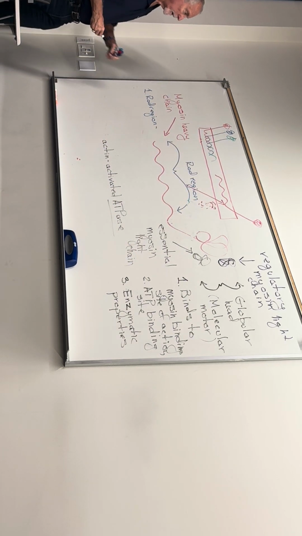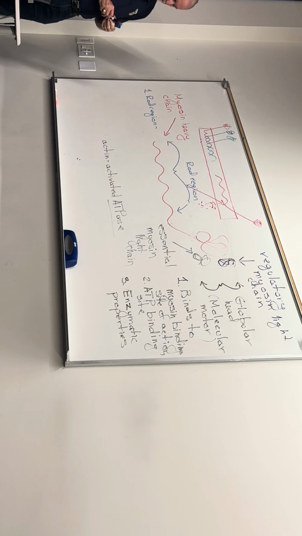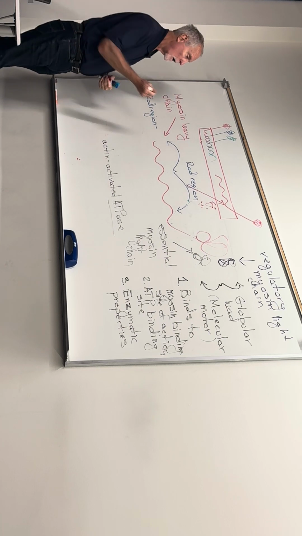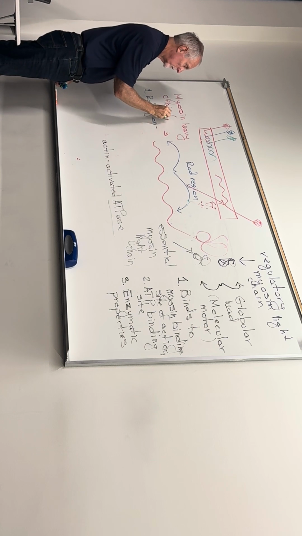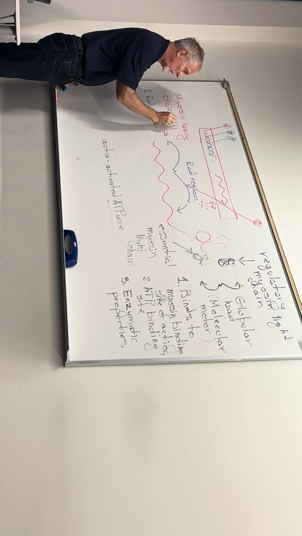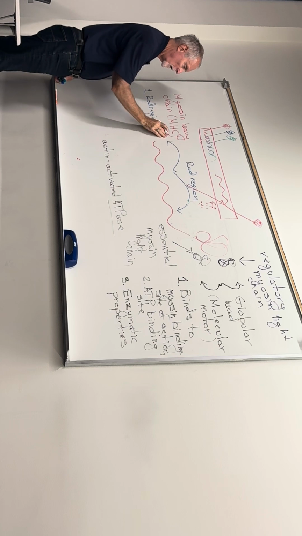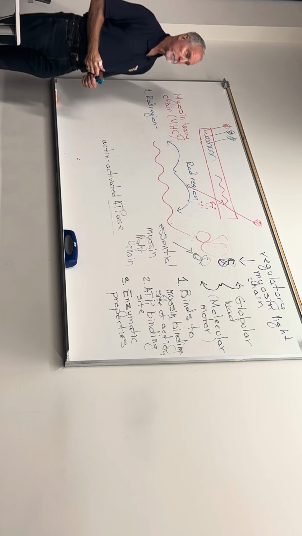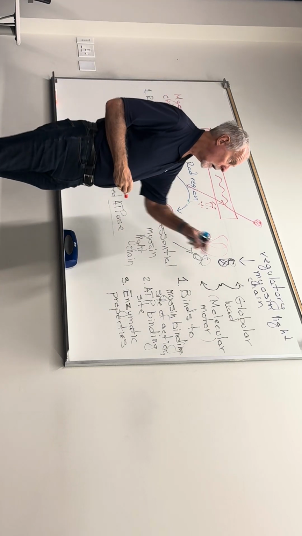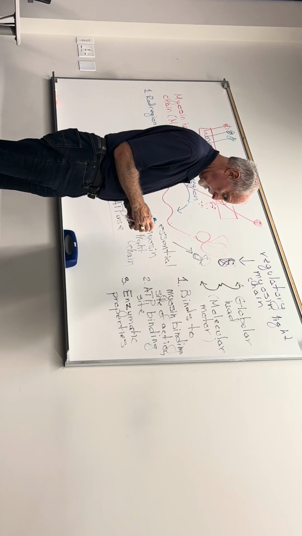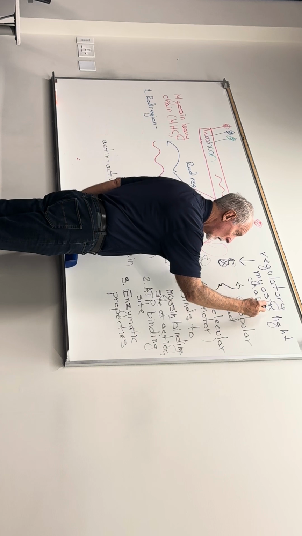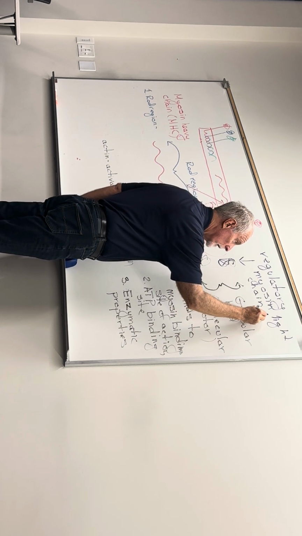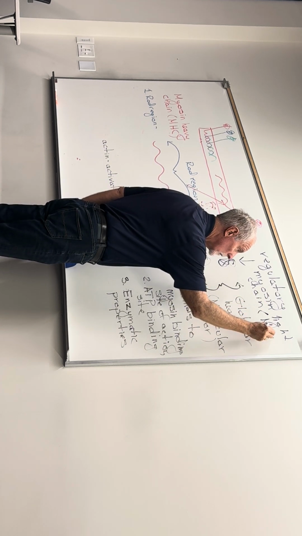Coming back to this diagram, myosin heavy chain. Our acronym for this is capital M, capital H, capital C, myosin heavy chain. Over here, we're going to put MLC.